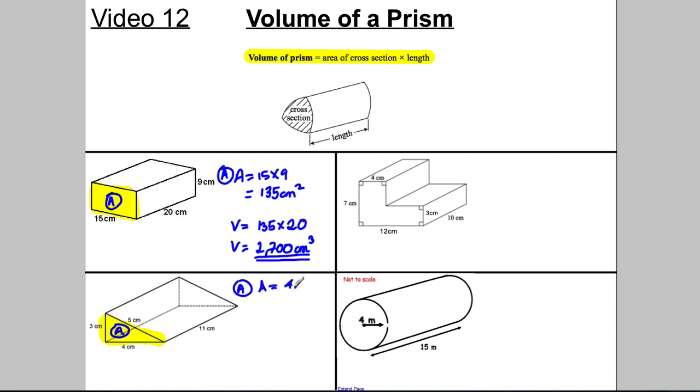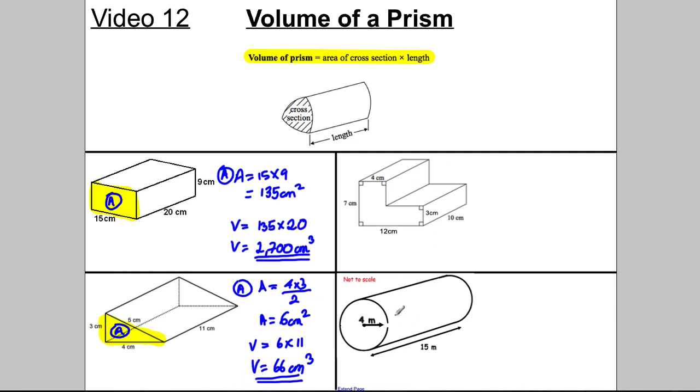So you would do 4 multiplied by 3 and that answer divided by 2, and that would give you that the area in this case is 6 centimeters squared. So to get the volume, step 2, you would take that area and multiply it by 11. So you would do 6 multiplied by the length, 11, and you would get the volume is 66, and the unit, not centimeters squared, but centimeters cubed in that case. Okay, and we're done with regards to that.